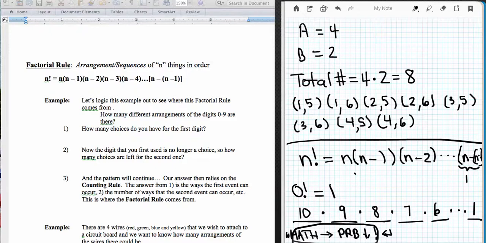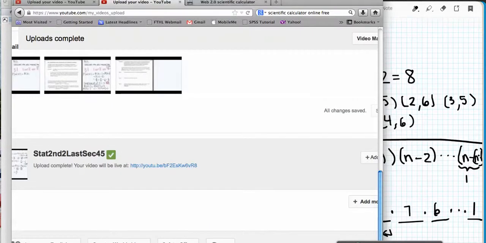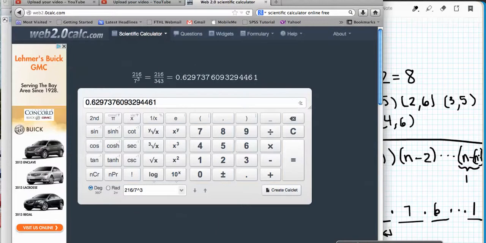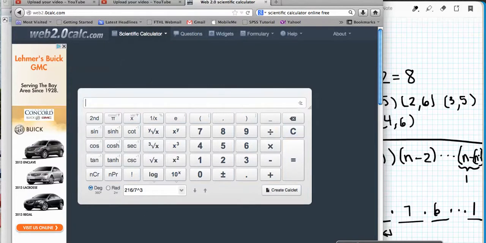So the 10 factorial, let's see if I can... I'm not really sure that 10 factorial is on there. Oh yeah, there's a factorial key on this one. So 10 and then factorial, and that is equal to, and that's our number right there.